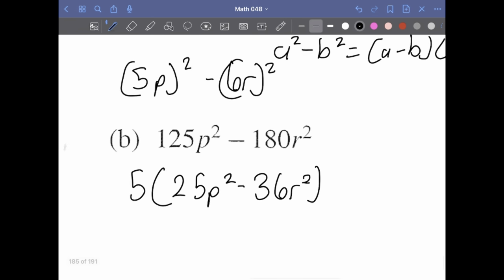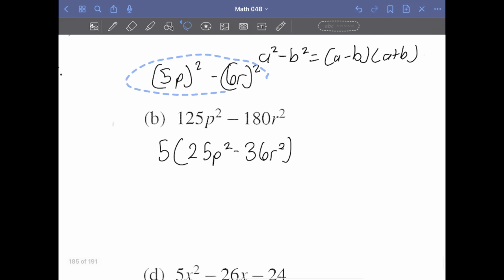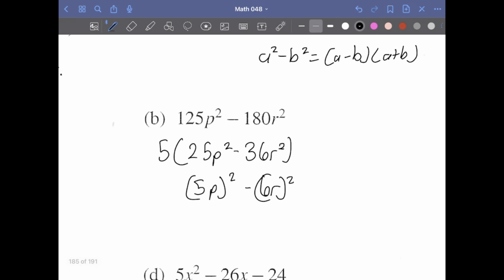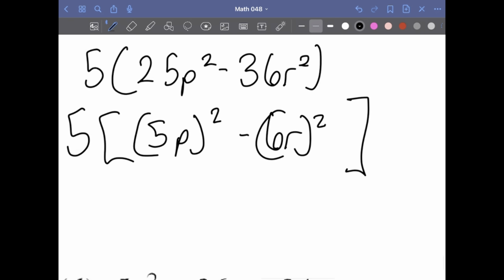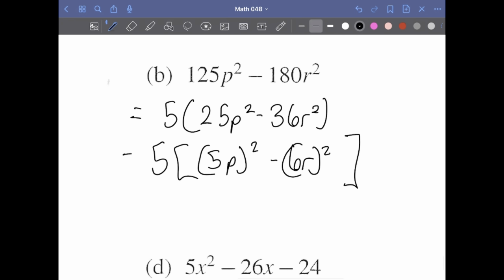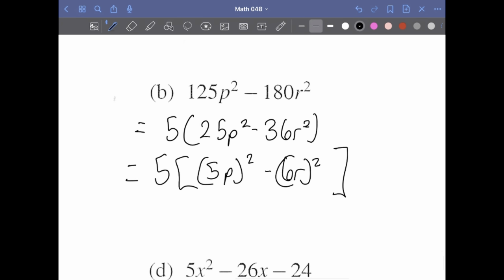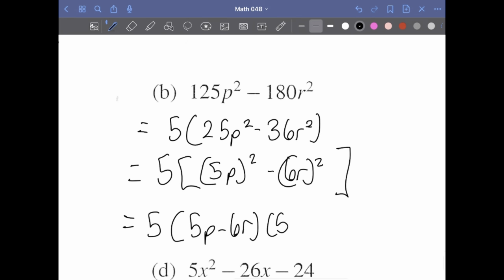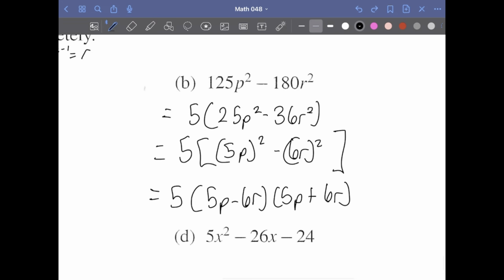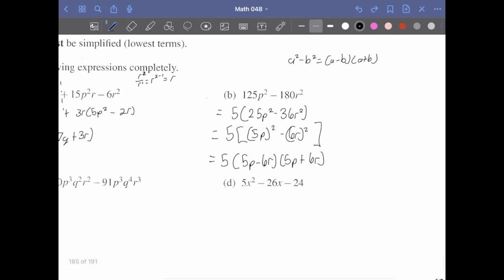That's what this is down here. Right? So our final answer would just be 5p minus 6r, 5p plus 6r. Oh, I need to do that square thing. Yeah, that's our final answer there.